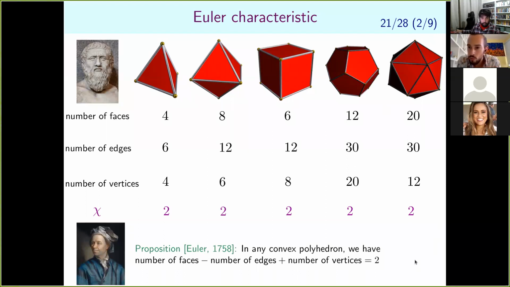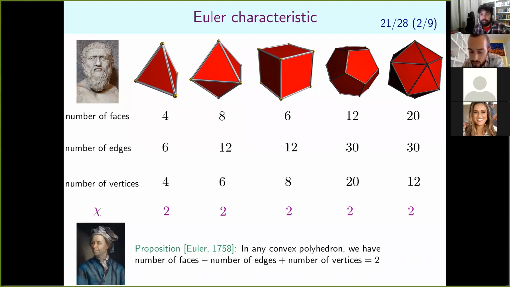So what it means is that the combinatorial structure of this polyhedron has some nice relation. And I will now try to generalize this statement.